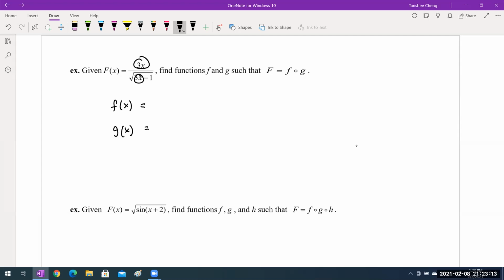So I can look at it as input over square root of input minus 1, and my input is 3x. So therefore, the outer function is x over square root of x minus 1. The inner function, the function that's going to be the input, is 3x.